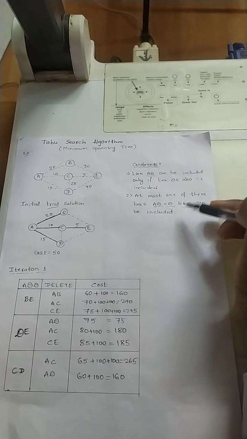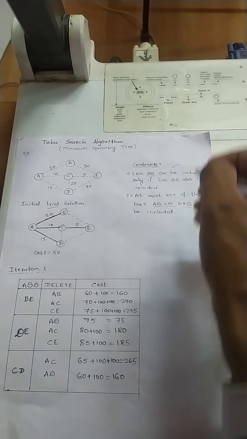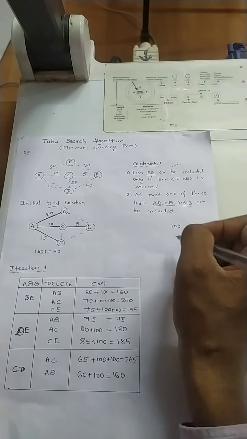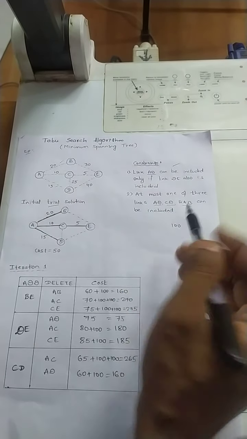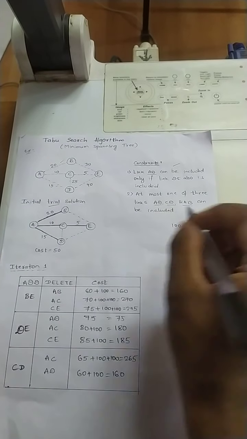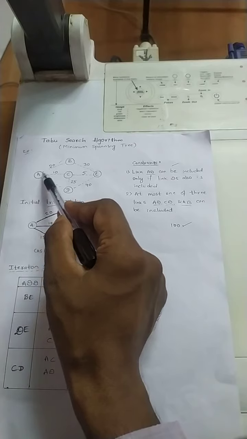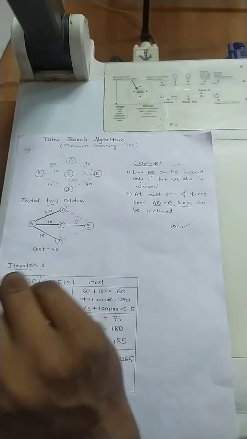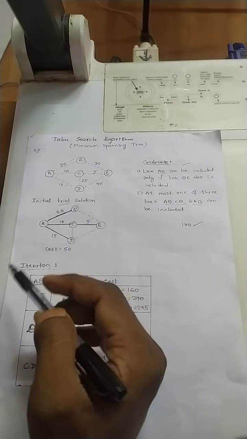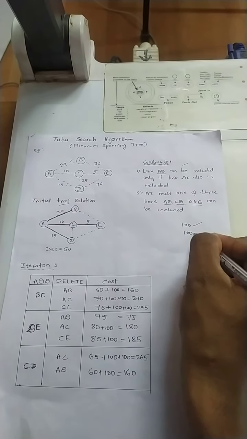If these constraints are violated, then there is a penalty. If you violate the first constraint, that is, if you have link AD without DE, there will be a penalty of 100. If you violate the second constraint, that is, out of AB, CD and AD there should be only one link, but if there are two links out of these three, there will be a 100 penalty.